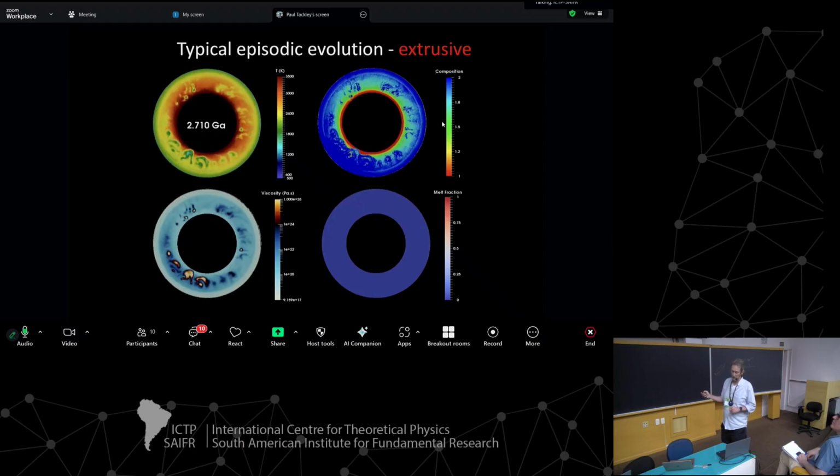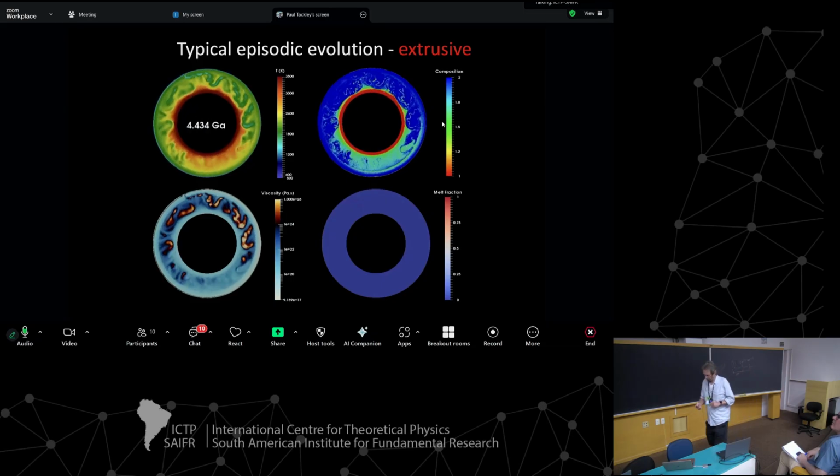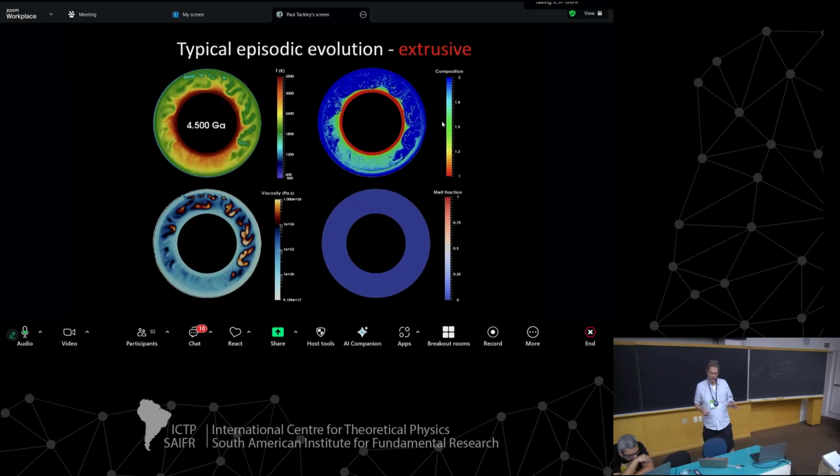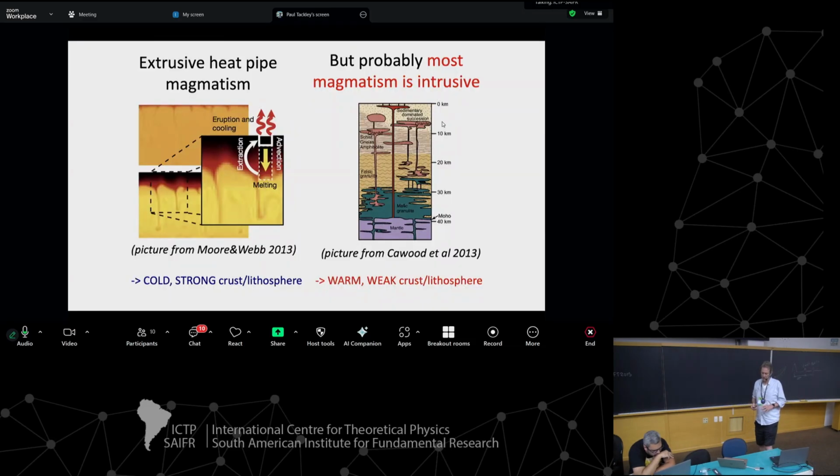Now, this is a model in which the partial melt that's produced in the asthenosphere all erupts at the surface to produce crust. And now, I think we're getting a sort of continuous subduction happening around here. Anyway, so it was very episodic to begin with, and then became smoother.